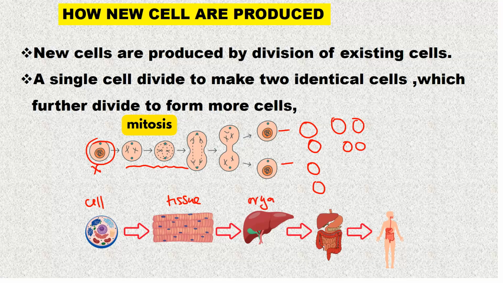Then we have the system, might be the digestive system that is there, but this is a system. Then we have an entire organism. So that is how it moves from the cell to the tissue to the organ, system, and organism finally. So basically that is how it is.